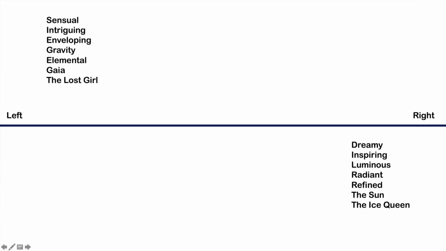Okay, so just as a refresher, our first distinction in the system is between the left and the right, which is your core energy, so to speak. Our keywords for the left are sensual, intriguing, enveloping, gravity, elemental, Gaia, and the lost girl.